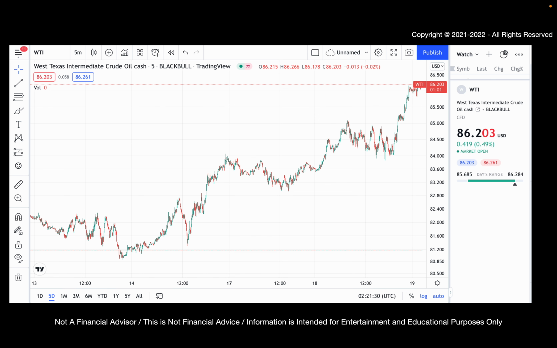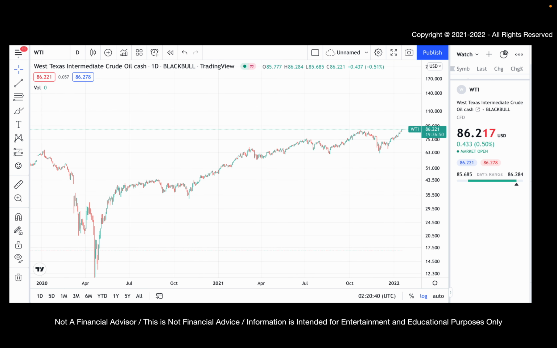Again, you can find this oil price chart on TradingView. So just type in WTI and you'll find West Texas Intermediate. If you look at that over a 2-year time frame, you see that it's been consistently coming up ever since the massive price drop around May of 2020, when the pandemic basically hit and devastated the price of oil. $86 per barrel of oil right now.